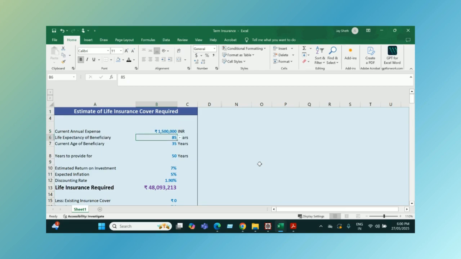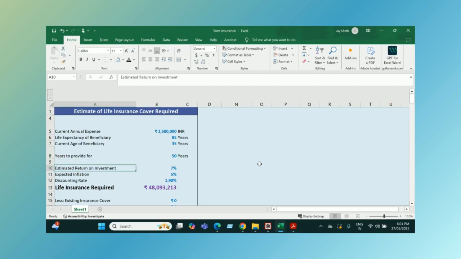So if we take a typical life expectancy of the beneficiary as 85 years and the current age being 35 years, which would mean that the insurance proceeds along with the current assets of the insured should be able to last the family for the next 50 years.